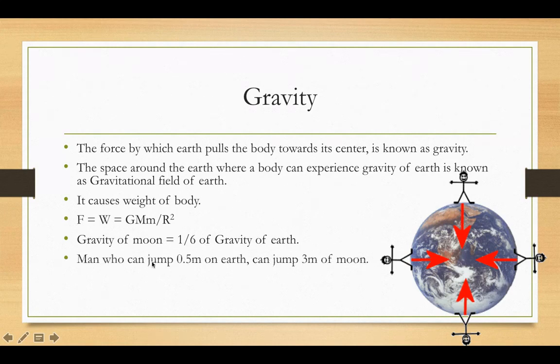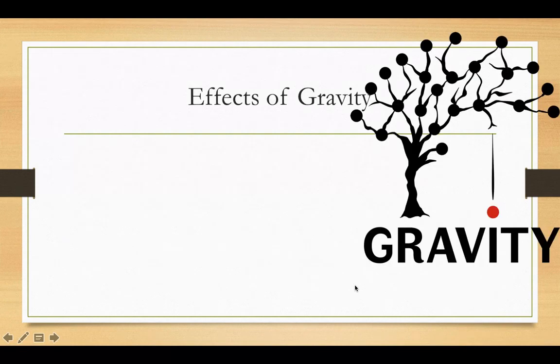Because of that, if a man can jump 0.5 meter on earth, he can jump 6 times that on the moon, that means 6 times 0.5, which is 3 meters on the moon. Similarly, if a man can lift 10 kg here, then on the moon he can lift 6 times more. That means 6 times 10, which is 60 kg on the moon.